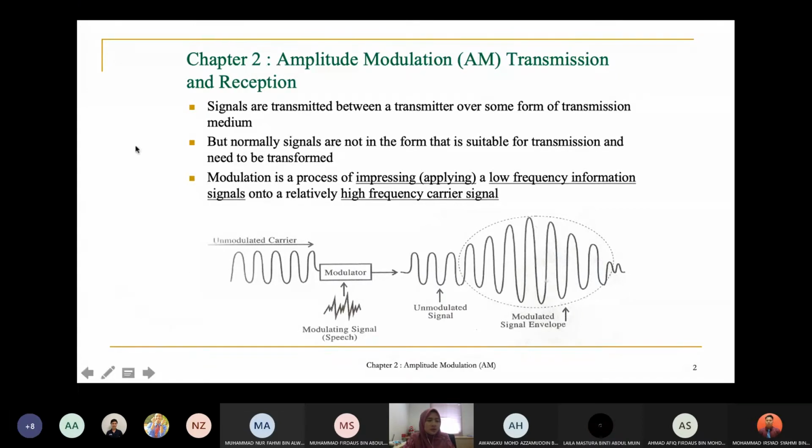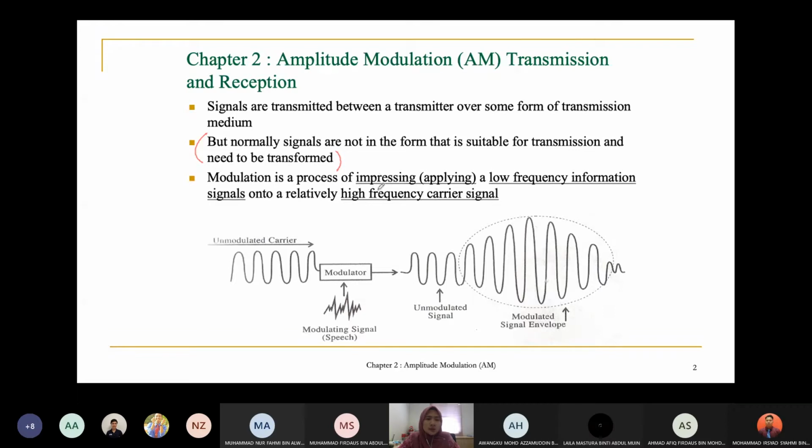So that's why it is stated here that normally the signals we want to send are not in a form suitable for transmission, and that's why they need to be transformed. How to transform? That is why we need a modulator.